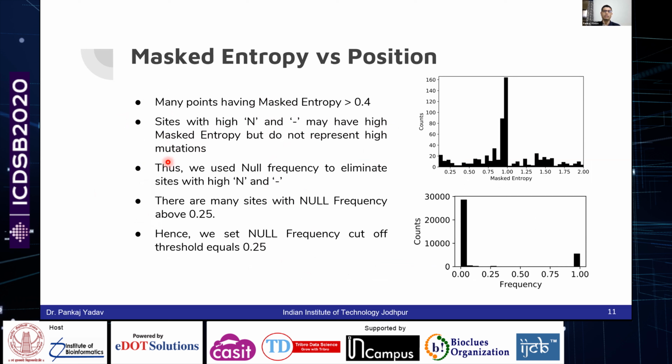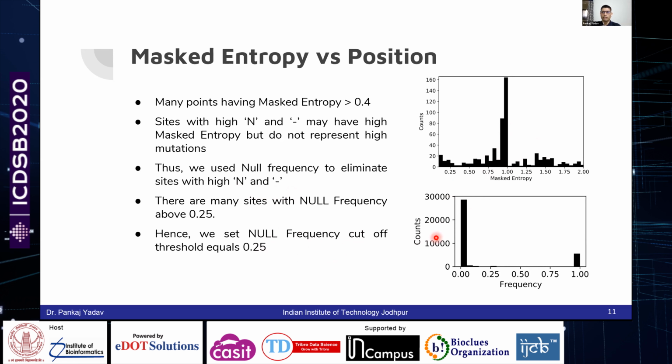So these are like false positives. Thus we use null frequency to eliminate those sites with high N and dash. There are many sites with null frequency greater than 0.25, hence we set a cutoff of 0.25, as you can see in this histogram on the right side.